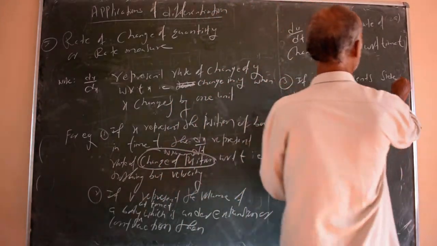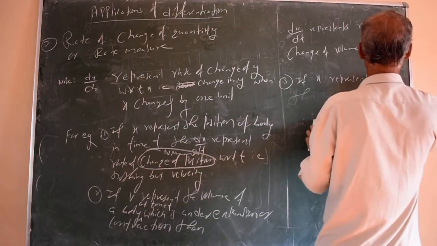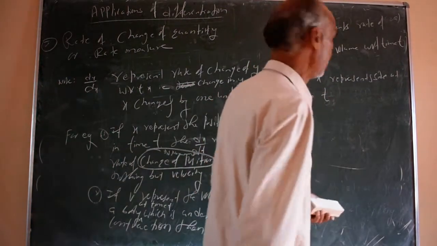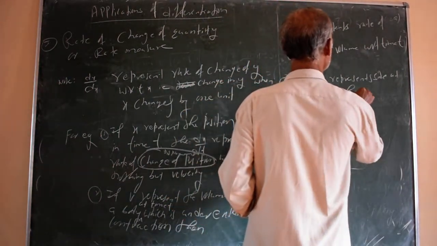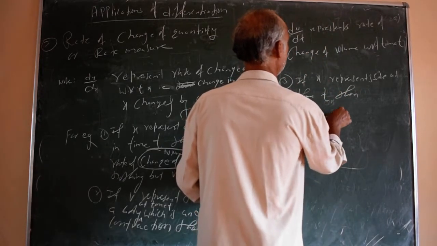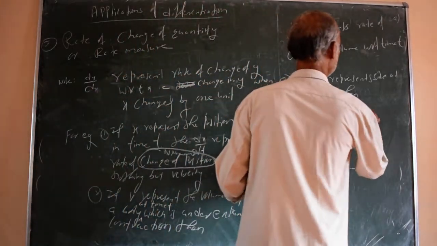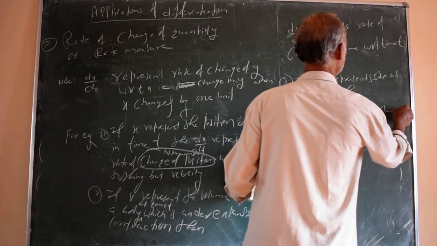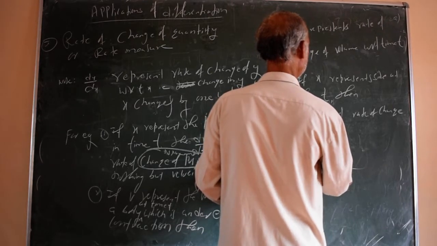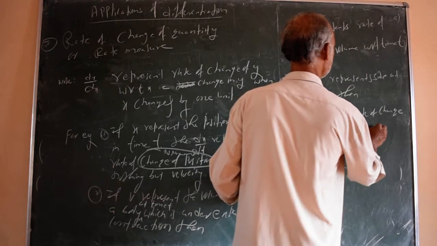Better to use the words side at a time t. Then dx by dt represents the rate of change of side with respect to time t.